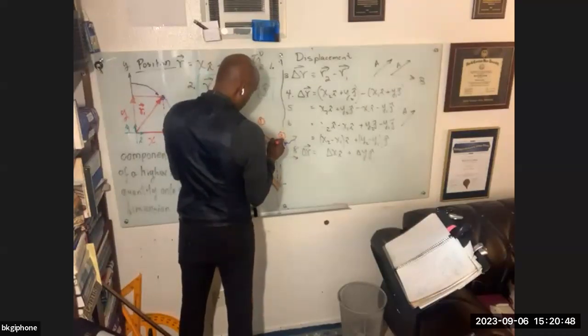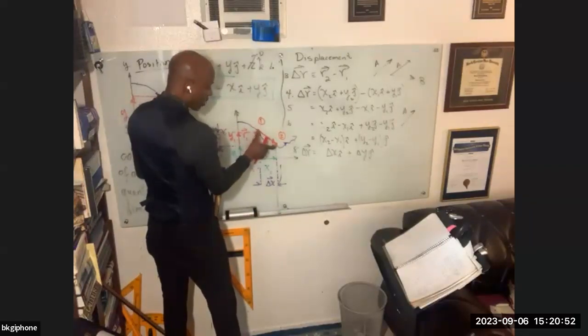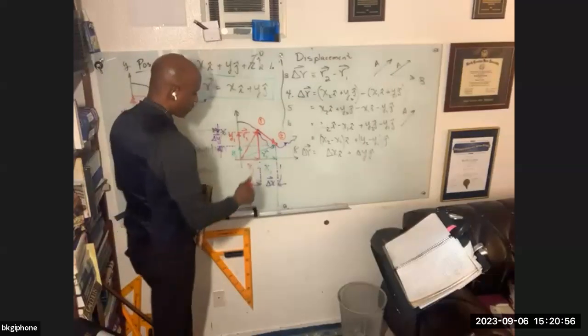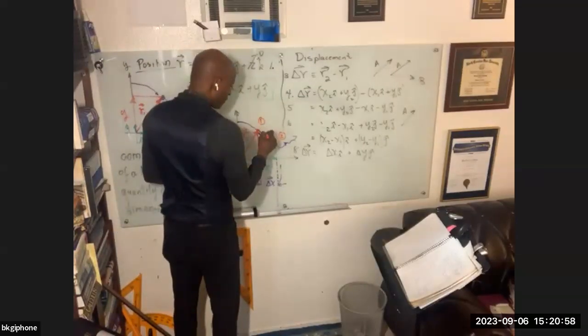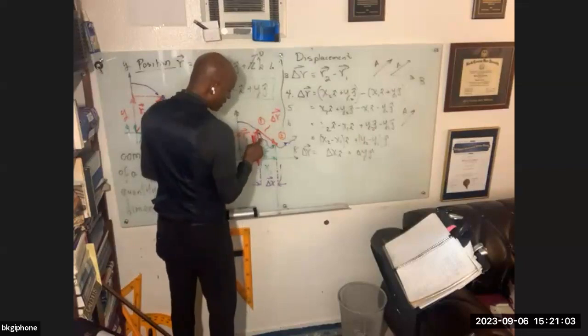Since I went from position 1 to position 2, that is the distance, the magnitude of delta R, but the direction is from position 1 to position 2, since that's the direction in which I was traveling. So this vector here is delta R, and it's not the path. He actually did this, right? But this is the displacement.